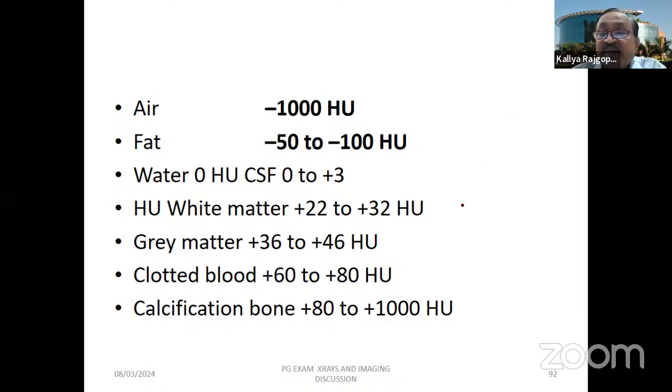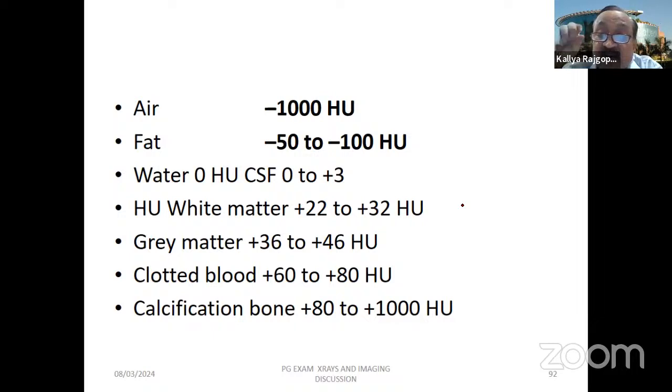One of the greatest advantages of the CT scan, as mentioned, is that it is objective, unlike the ultrasound, which is subjective. Ultrasound has a definite advantage, as I mentioned, that it is very handy and has no radiation hazard. But remember, CT scan has a radiation hazard, and more so when you are using contrast.